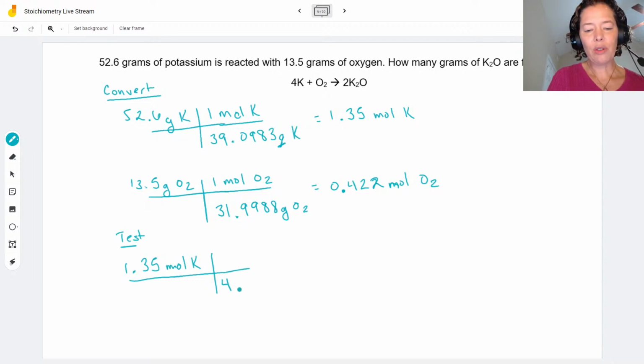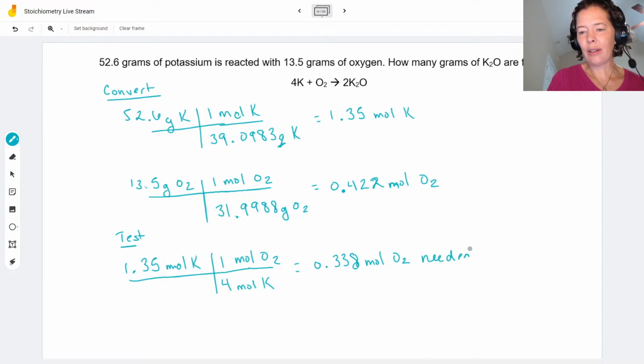Okay, so I'm just going to use my mole ratio here. This is a 4-to-1 ratio. All right, and this is going to give me 0.338 moles of oxygen.